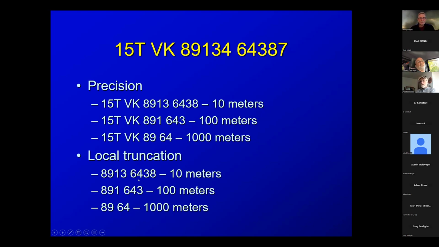We can simply use the X and Y coordinates, and 4 digits are going to be a precision of 10 meters, 6 are going to be a precision of 100 meters, 4 will be a precision of 1,000 meters. And we can just use that when we're working in a localized area. And again, choosing the precision that's appropriate. We also always know by convention that there are an even number of digits in X and Y.